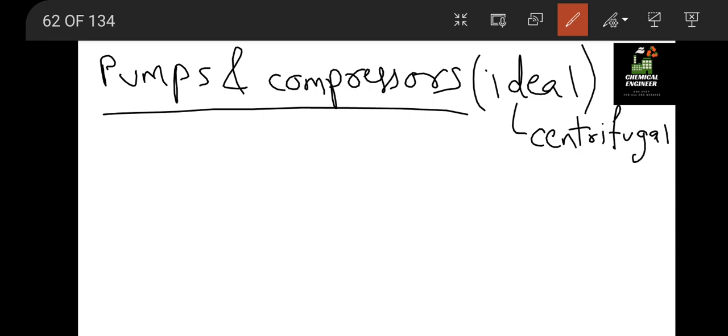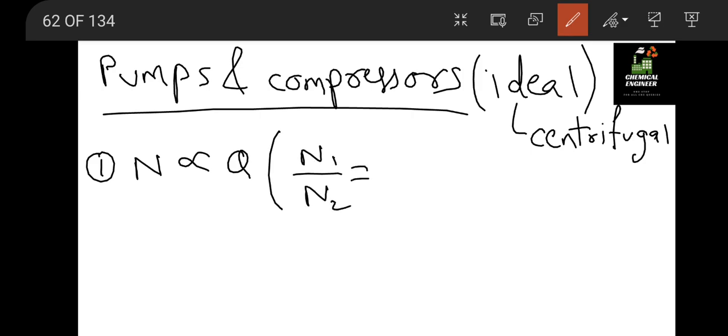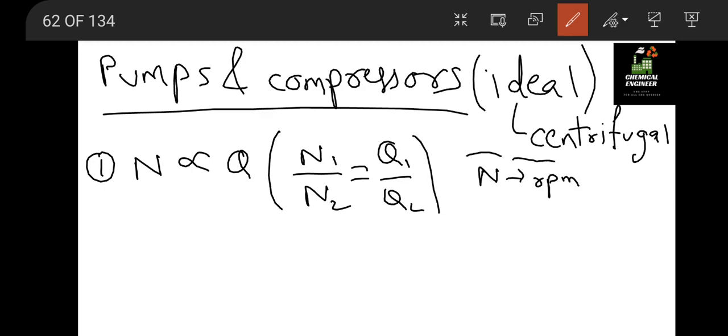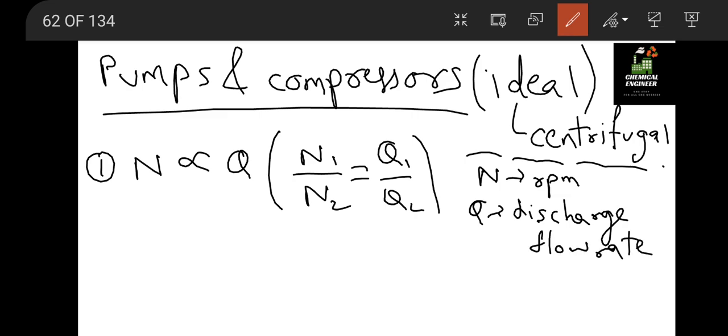The first formula is N is directly proportional to Q, which means N1 by N2 equals Q1 by Q2. N is the RPM of the moving blade or impeller. Q is the flow rate, generally the discharge flow rate. So N is directly proportional to Q.